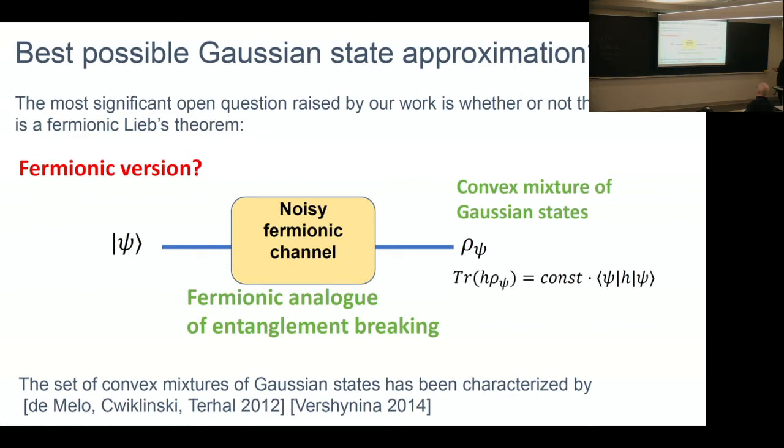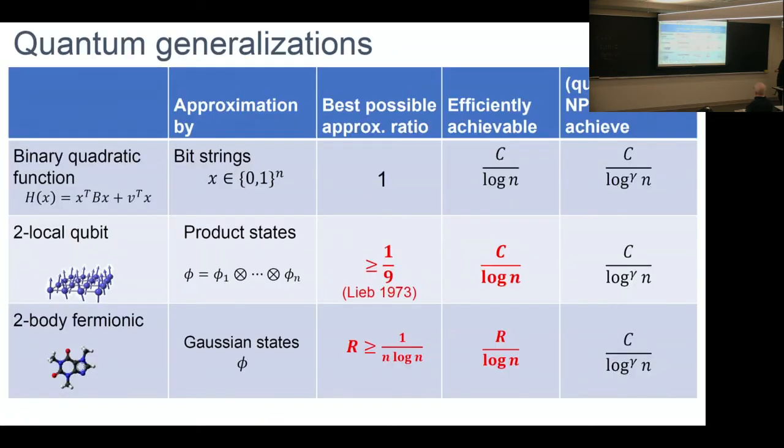Okay, so this is the table now. We don't know what this R is, and we have this lousy bound here. But again, I want to summarize by saying there were a lot of details here, and maybe the summary is that we have this quadratic polynomial with binary variables, and there's a natural qubit extension where you replace the binary variables with Pauli matrices.